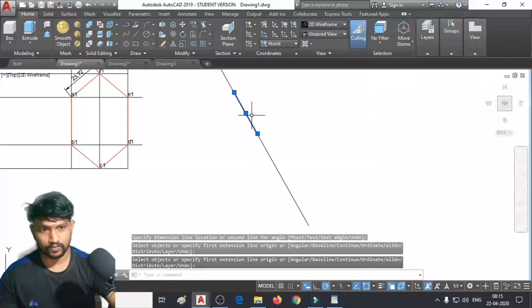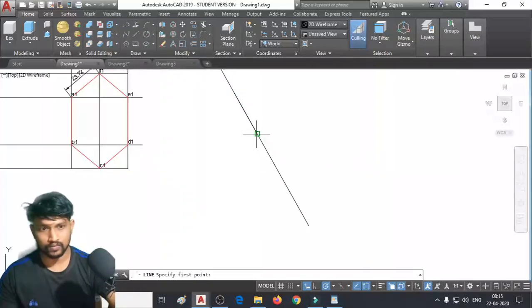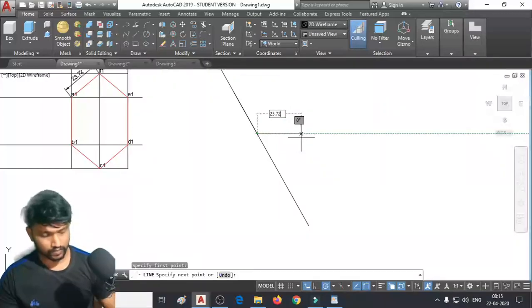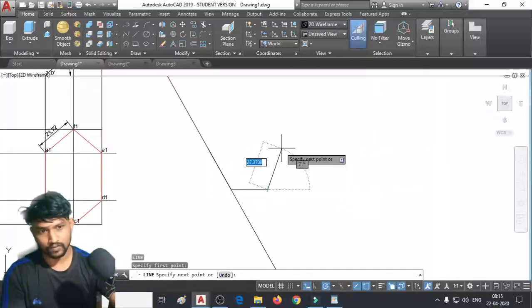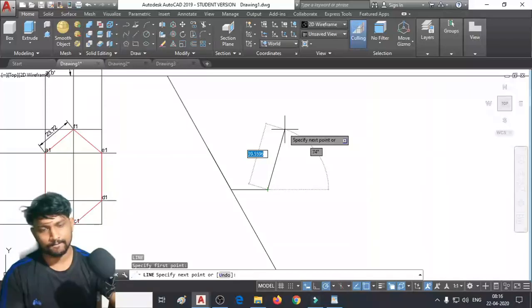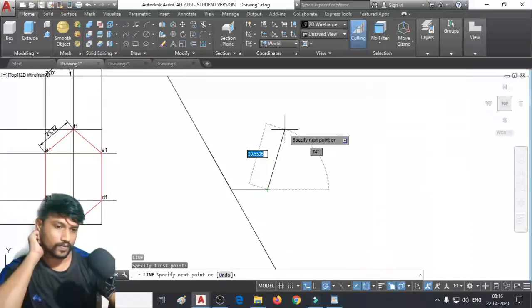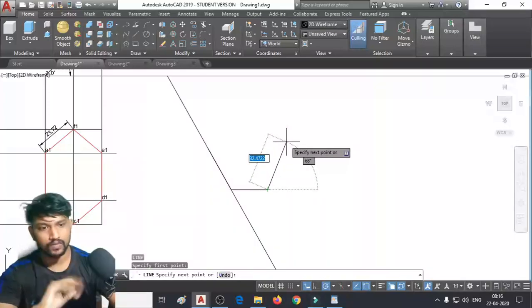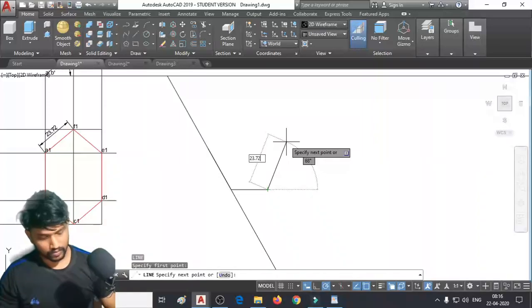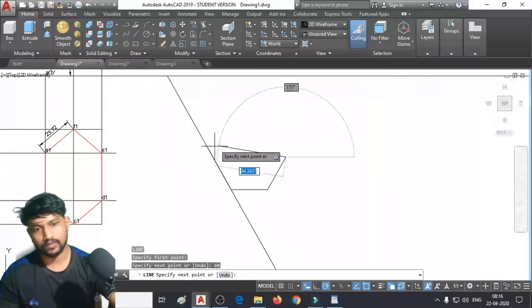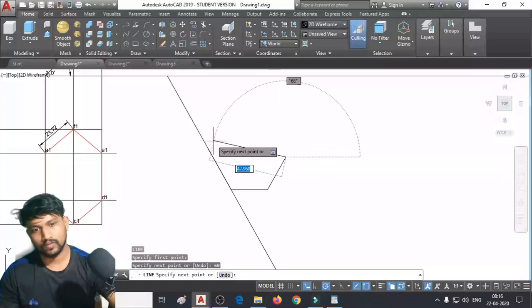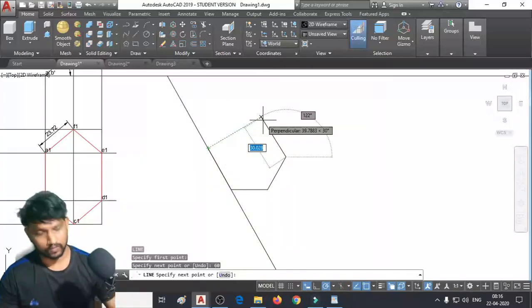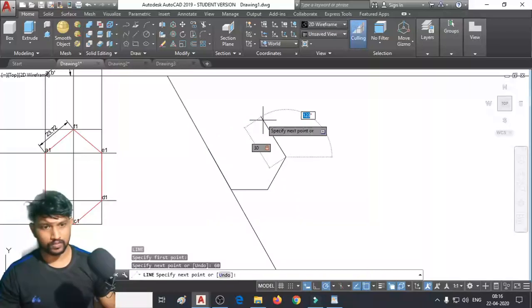23.72. Okay. This one, 60. 23.72 at 60. 30 at 120.